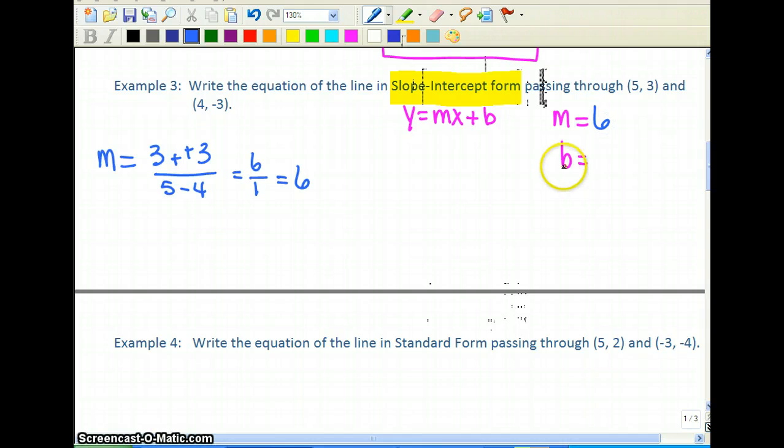Now, they didn't give us b. b is the y-intercept. Neither of these points are on the y-axis. So neither of those points is b. So what you have to do in that situation is you have to go back to point slope form.